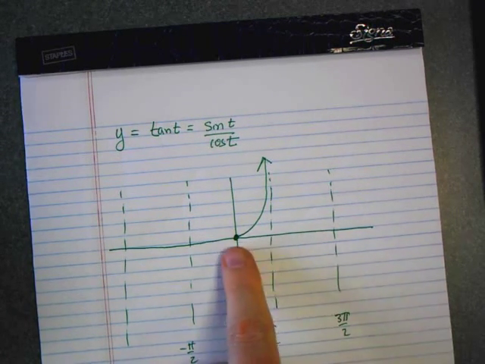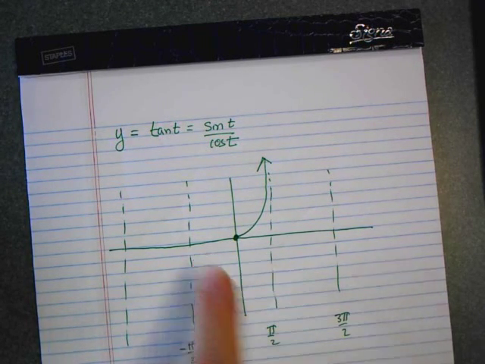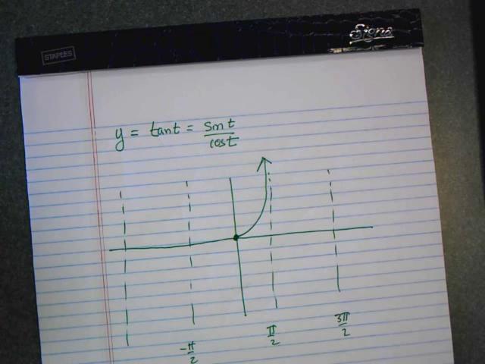What if I pick numbers that are a little bit smaller than 0? So those would be angles like minus pi over 6, minus pi over 4, minus pi over 3. Those are all angles in which quadrant? Where's minus pi over 4? It's in quadrant 4. In quadrant 4, is tangent positive or negative?